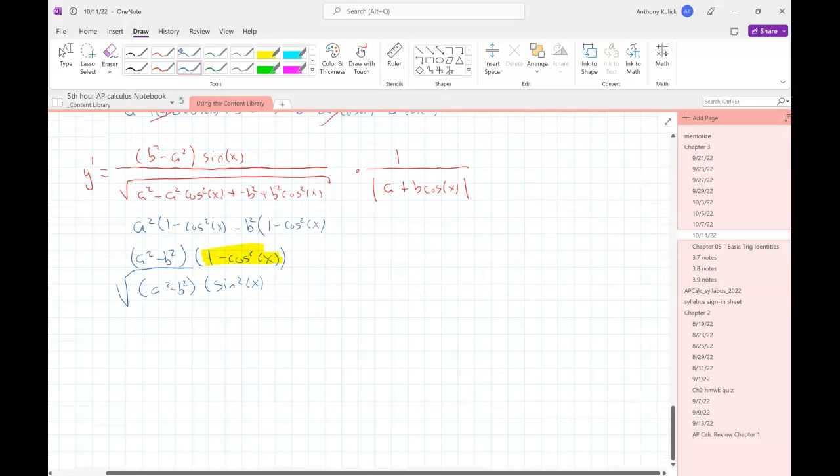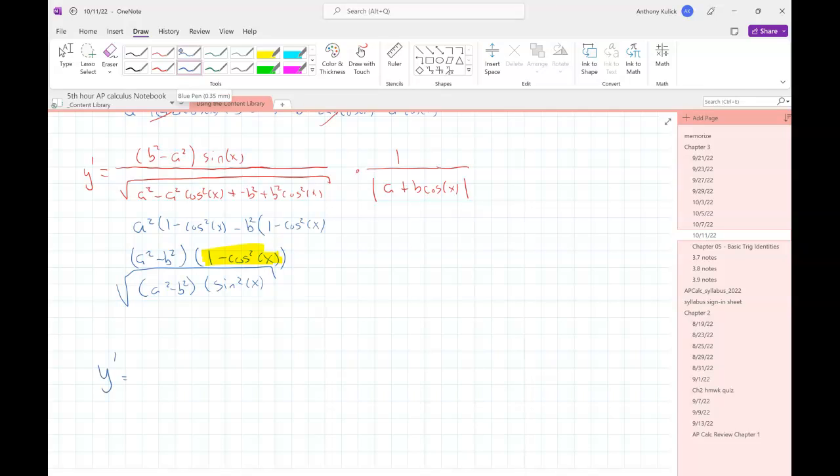Because all of that's still under the square root, right? So when I square root that sine squared, I can pull a sine x out.